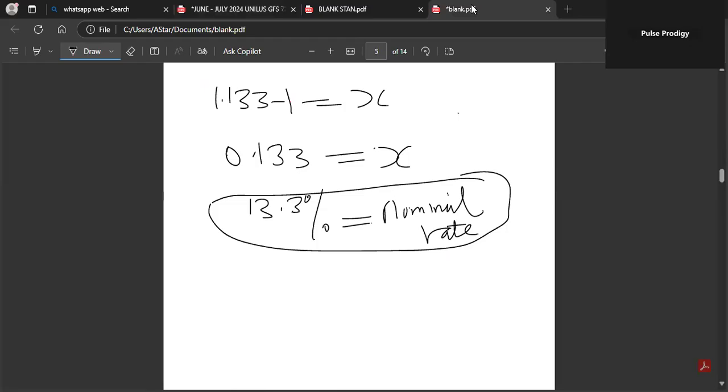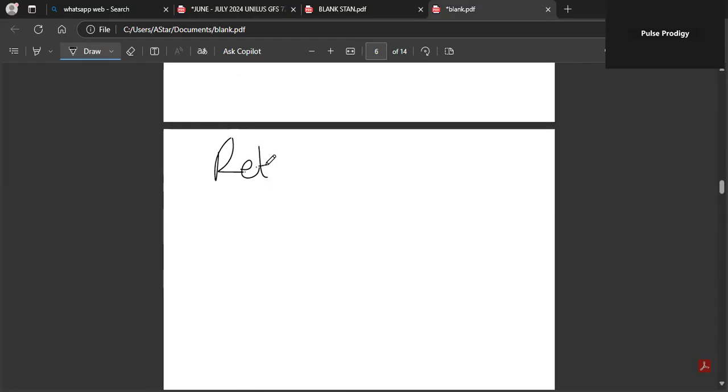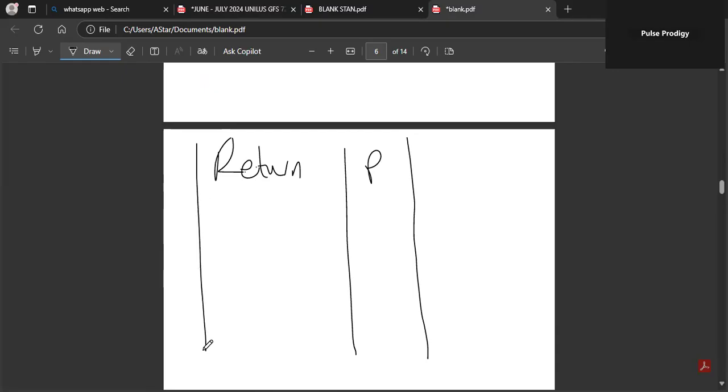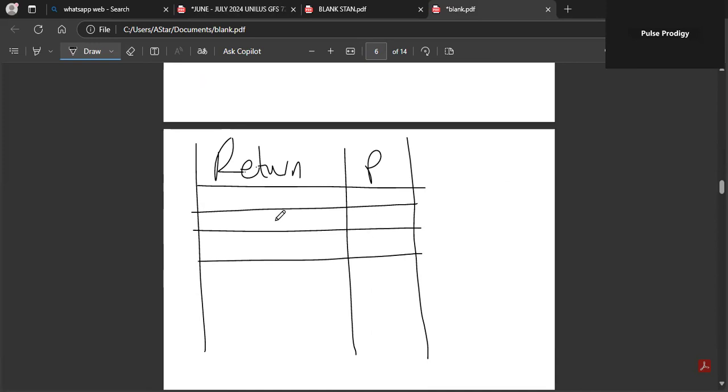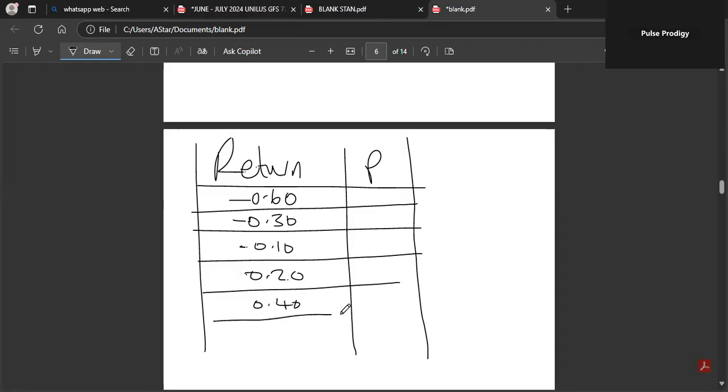So what goes on here is that we have the return and the probability. So the first one is the negative 0.60, negative 0.30, negative 0.10, 0.20, 0.40, and 0.80.